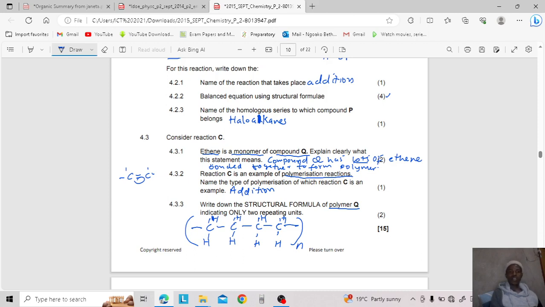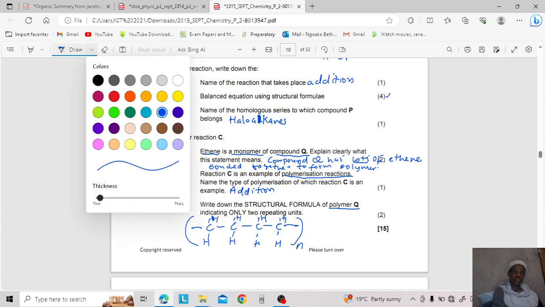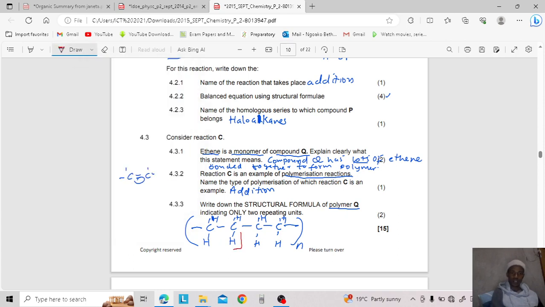But the inside one, that will be 2 repeating. Why we always say 2 repeating means we are counting this coming from the first monomer and the second monomer. Because they said consisting of 2 repeating only, then we're going to have only this structure here. But to show that it's a polymer, then you put the brackets.